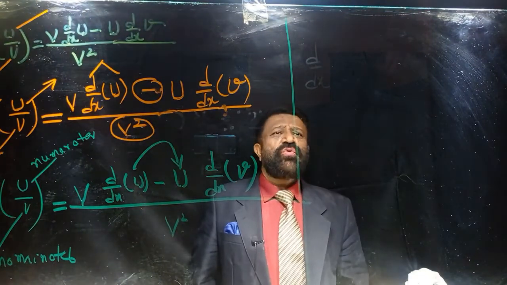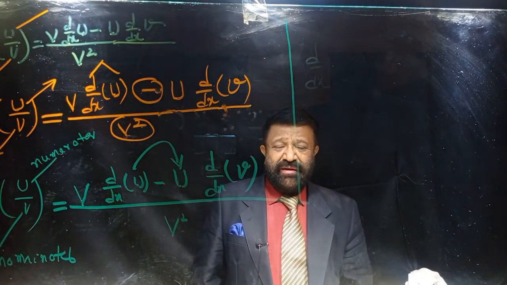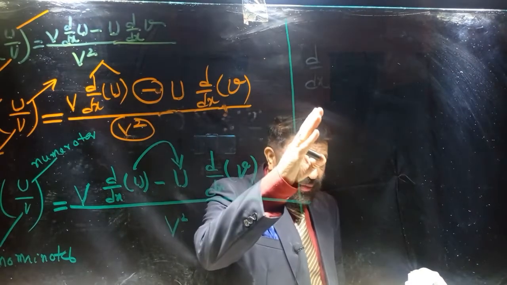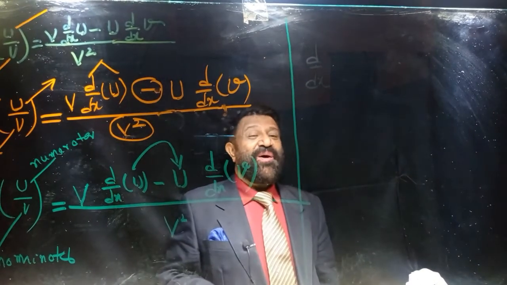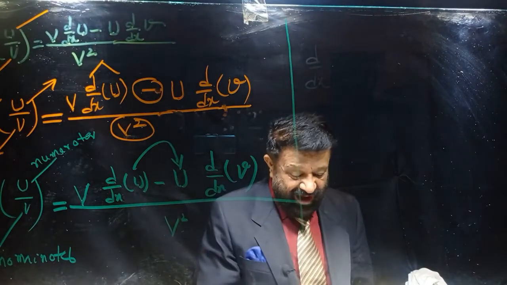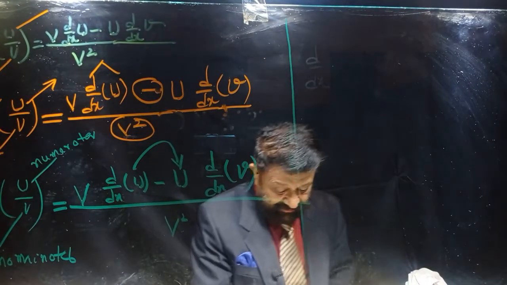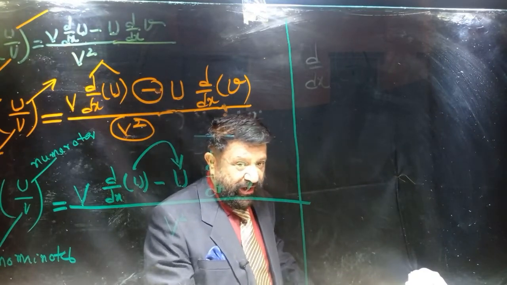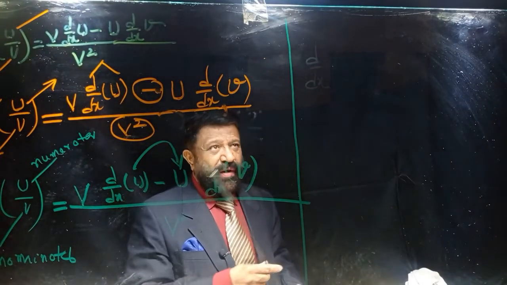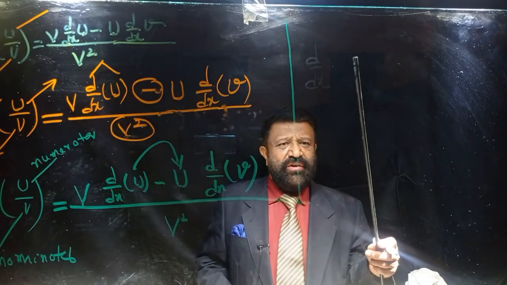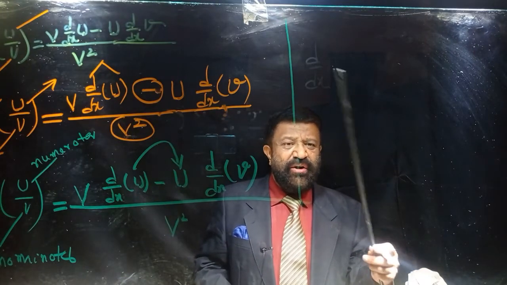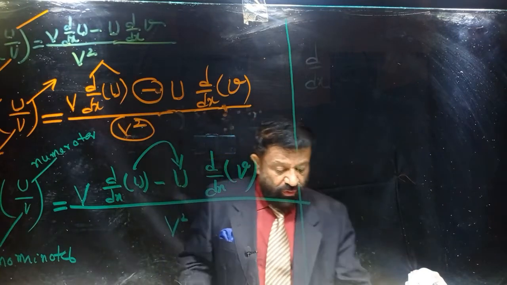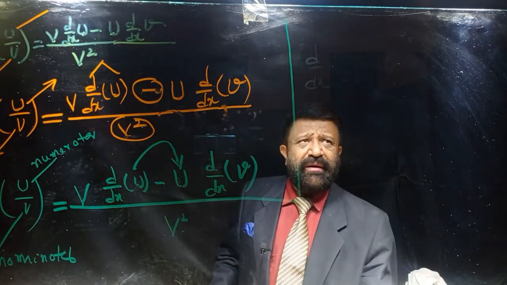The name of the form is quotient form. You have seen that I have placed a stick over here that points out this is the numerator and this is the denominator.